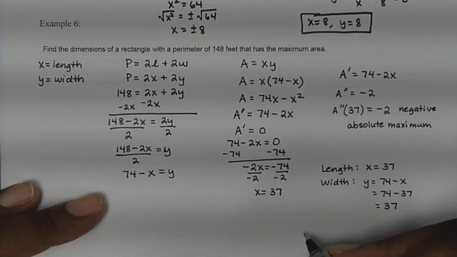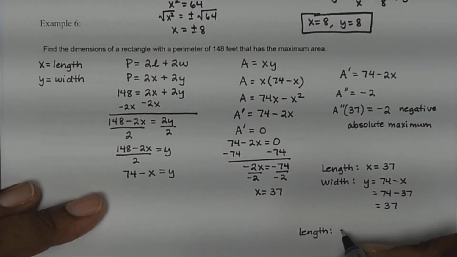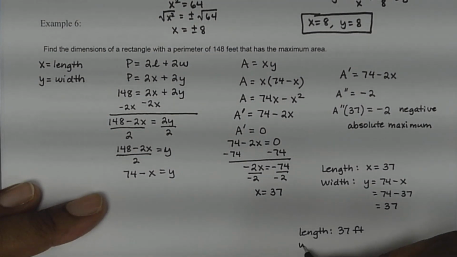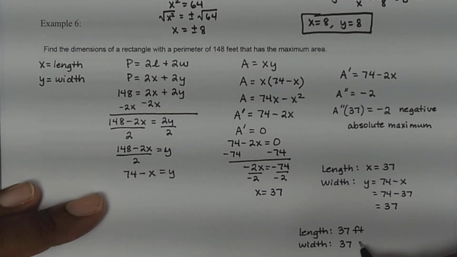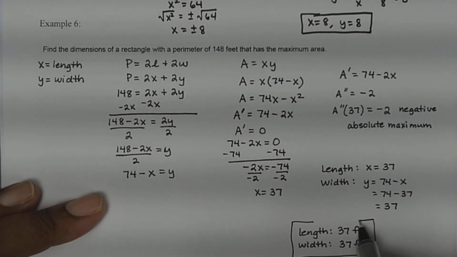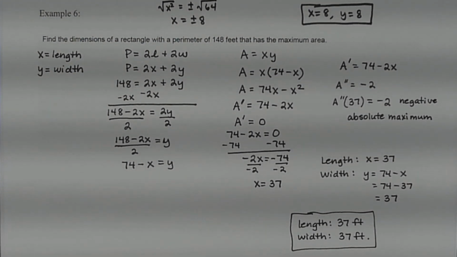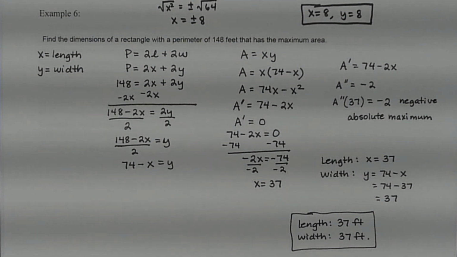Okay, so the length in this case is 37 feet. Width also 37 feet. Those dimensions are the dimensions of a rectangle with a perimeter of 148 feet and it has a maximum area.